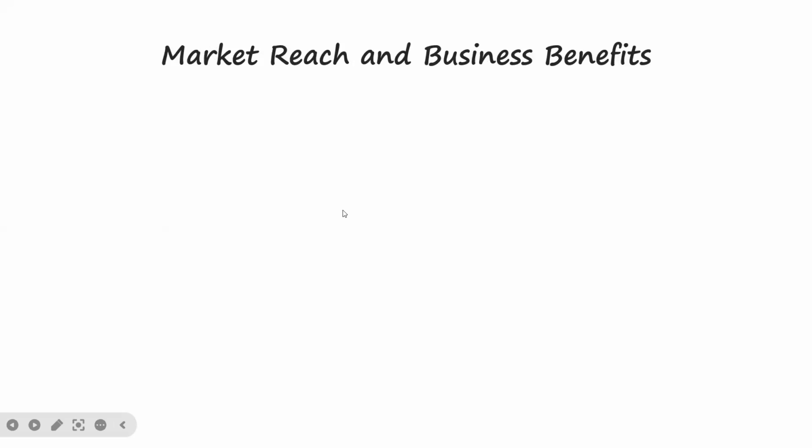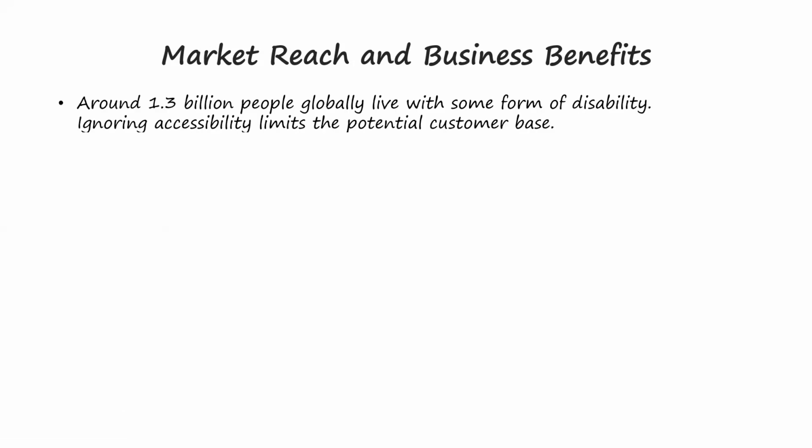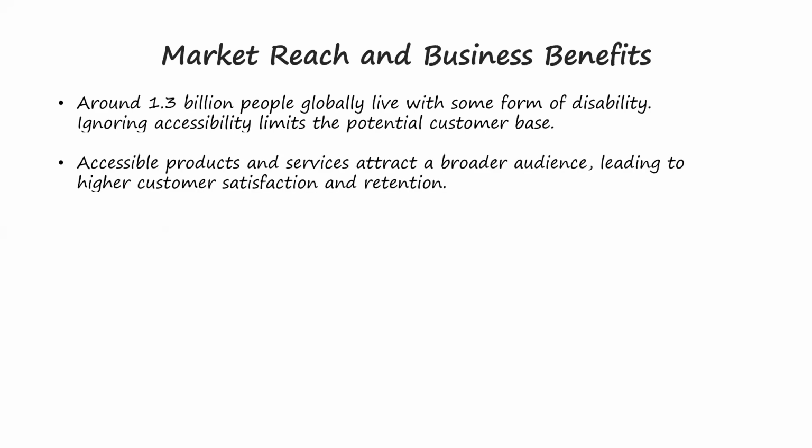For bigger market reach and business benefit, if you're building applications that are accessible, you're going to reach more market and do more business. Around 1.3 billion people globally live with some form of disability, out of 7 point something billion that we have. Ignoring accessibility limits the potential customer base. That means you're losing out on 1.3 billion people. Remember that we are preparing you to be a global genius.